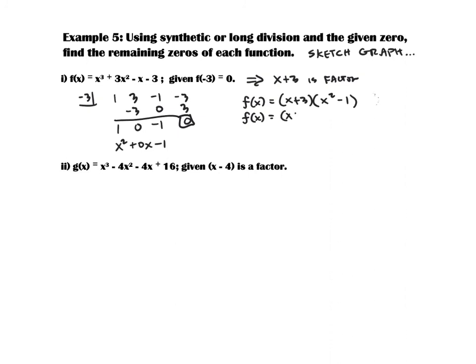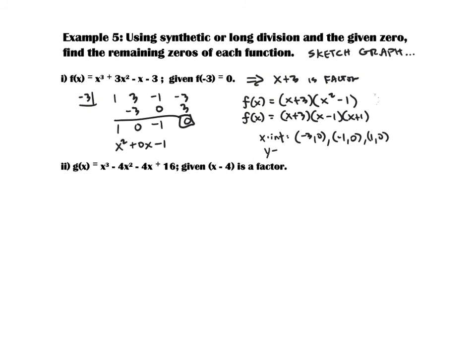So this would be x plus 3. I'm going to factor this binomial to x minus 1, x plus 1. This is very cool. I've got x-intercepts of negative 3, 0, negative 1, 0, and 1, 0.